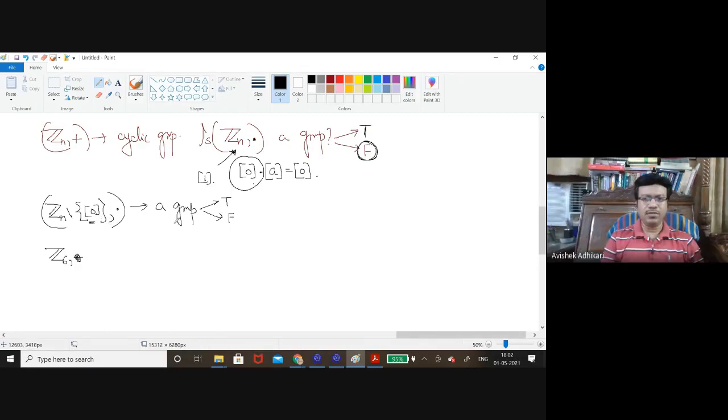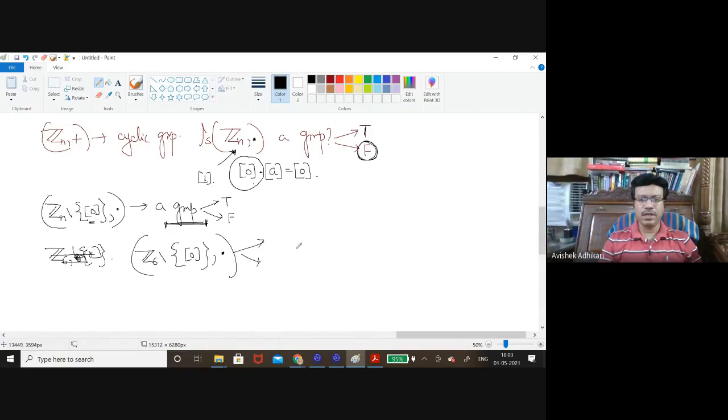I'm just asking you whether this is a group or not, not even asking whether this is a cyclic group. Just a basic question: is it a group or not? My question is, if I remove the 0 element from Z6, will that be a group? Because just now we have seen that 0 was a problem. Now we remove the problematic part and ask whether that is a group or not. So what is your intuition? You say that this is a group.